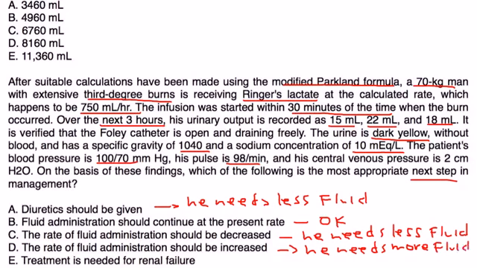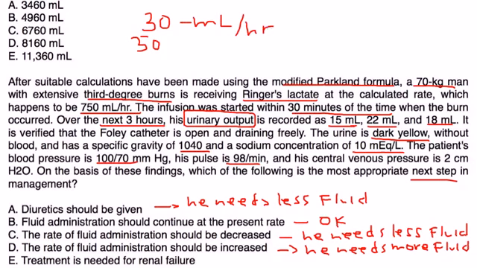And then finally, treatment is needed for renal failure. Well, there's nothing to indicate in the question that he's in renal failure just quite yet, because he is producing urine. Now let's look at the urine output. That's going to give us the answer. Normally, an adult should produce about 30 to 50 mLs of urine an hour.